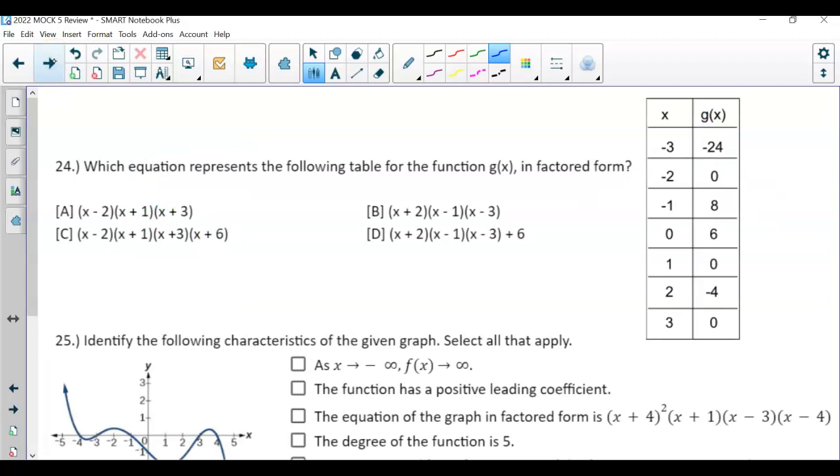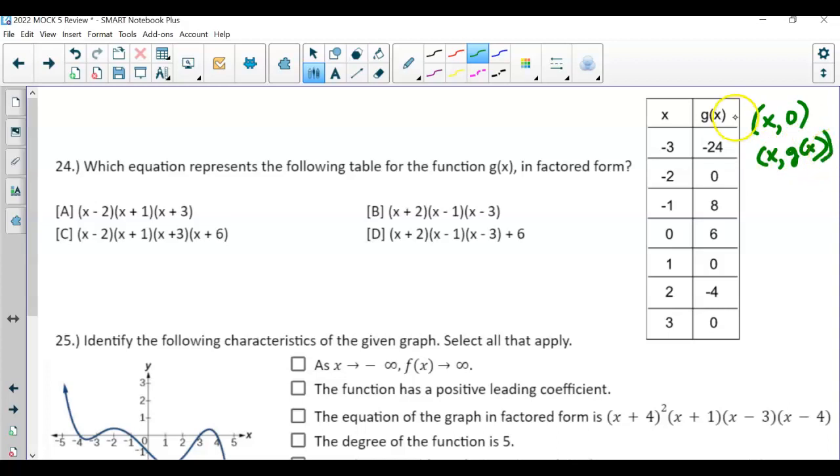Question 24, using the table, which of these equations represents the function in standard form? So again, you need the zeros. And if you recall, whenever we're identifying the zeros, we always have x and then the y coordinate was 0. Or in this case, it would be your x and g of x.